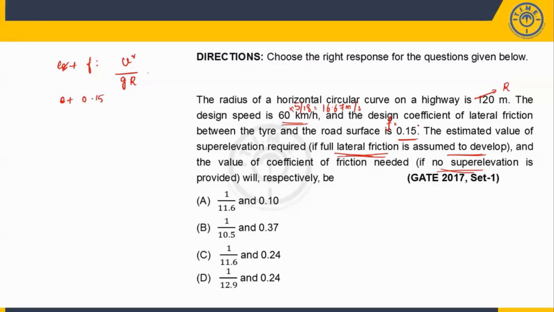Full friction means f is 0.15. So 0.15 plus e is equal to 16.67 whole square upon g, which is 9.81, into R, which is 120 meters. Calculate and tell me the value of e.